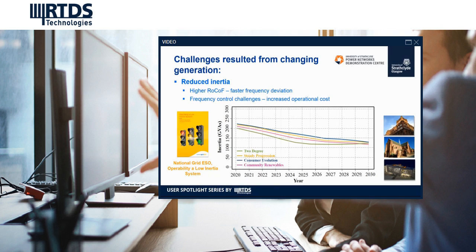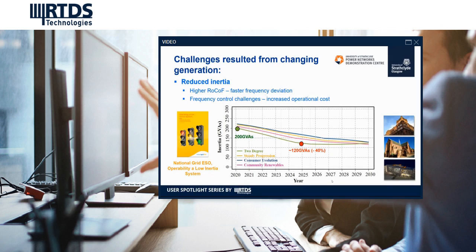If we take the green one as an example, currently we have about 200 GVAs inertia level. But in 5 years' time, we could see up to 40% decrease of the inertia level to 120 GVAs.